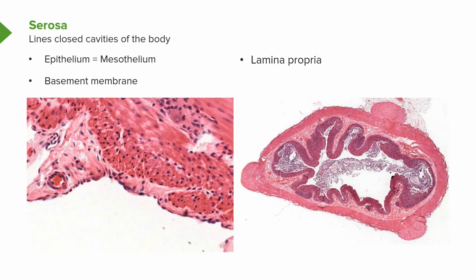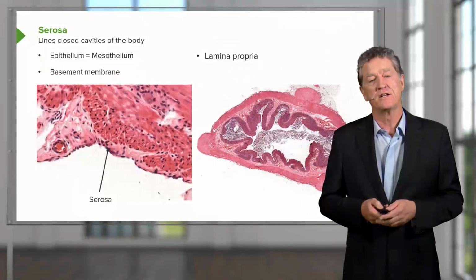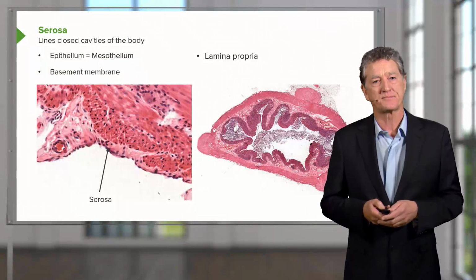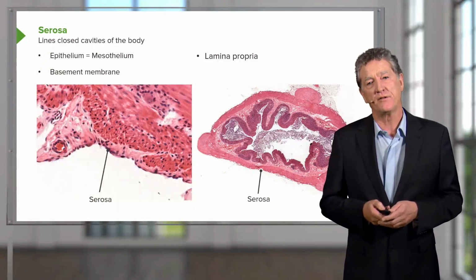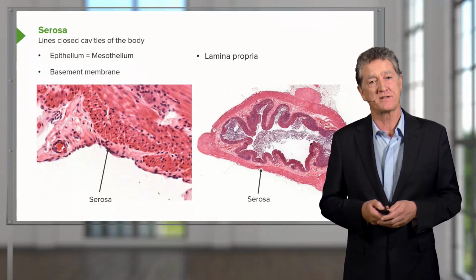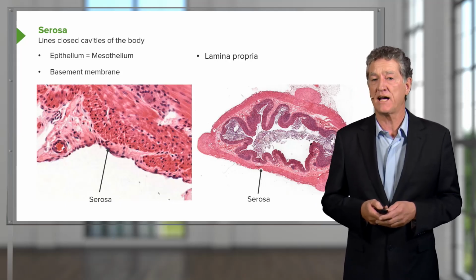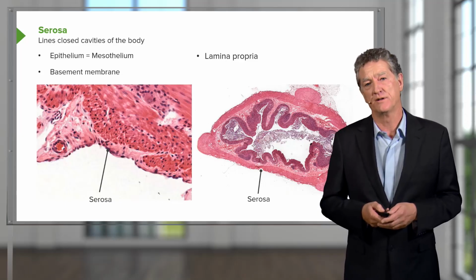Cavities such as the peritoneal cavity, the thoracic cavity, the pleural cavity, the pericardial cavity, all those surfaces are lined by what we call a serosa, a very thin, simple squamous epithelium that's found on the surfaces of these cavities.